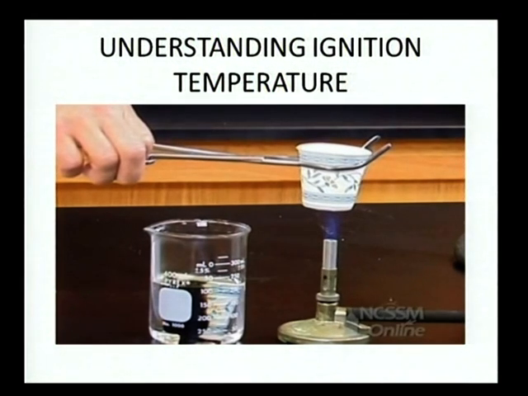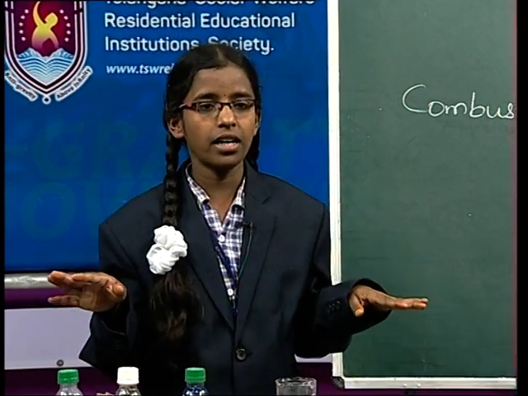But when we keep the cup filled with water on the flame, it will not burn. Why? Because water is a non-combustible material, and whatever temperature the cup receives, it transfers to the water. So the cup filled with water does not burn, and there is no combustion in that process.